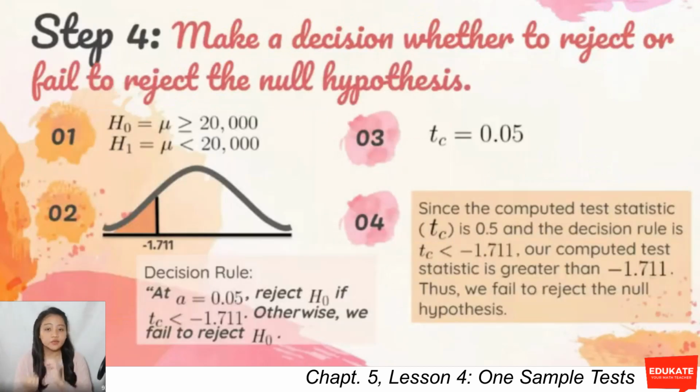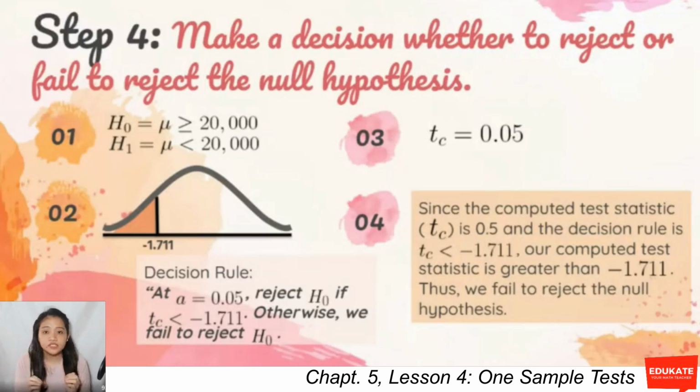Now let's move to step 4, where we are going to make a decision whether to reject or fail to reject the null hypothesis. Recalling, we have our null and alternative hypothesis in symbols for step 1. For step 2, we have the decision rule with the rejection region and the critical value of the rejection region. For step 3, we have the computed test statistic of 0.5.